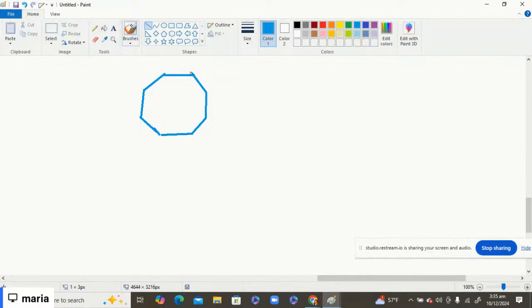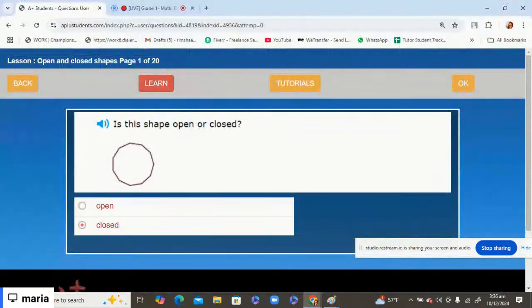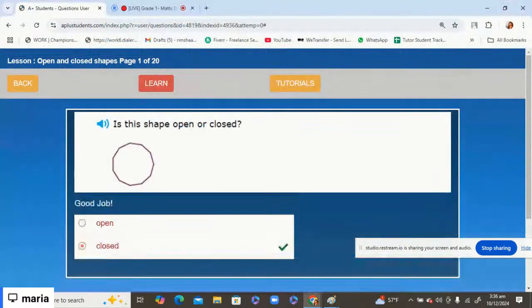I'm going to start at this point and end at this point. All right, I'm just moving at here like this way. Starting and ending point is same, so we can say that it's a closed shape. So here we go with it, closed.